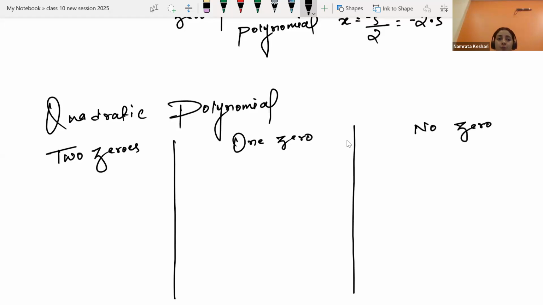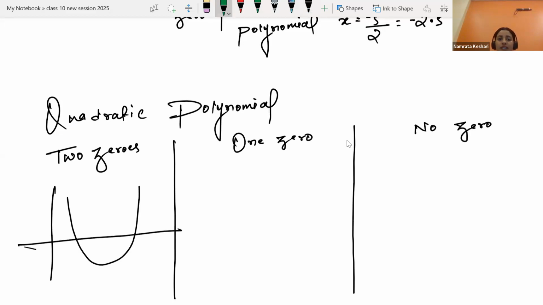When you have two zeros, your graph will look like this, touching or intersecting the x-axis at 2 points. These two are the zeros of the polynomial. Getting it?